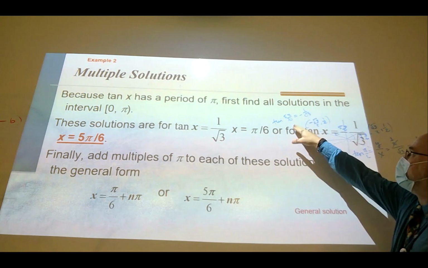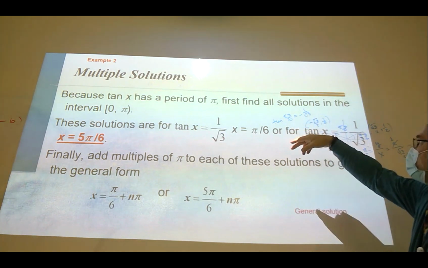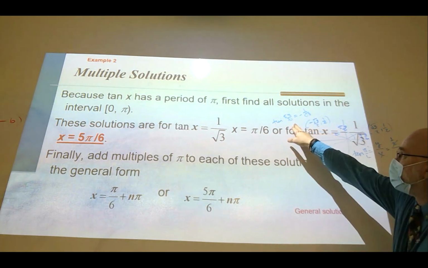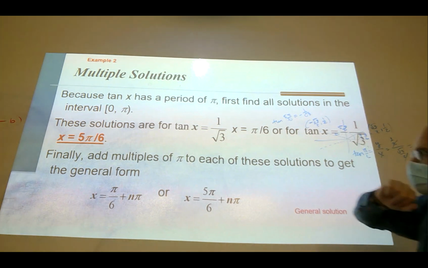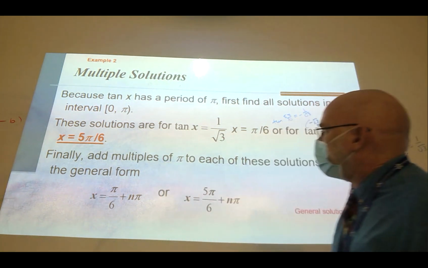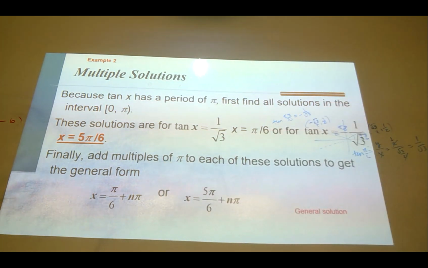Tangent of 5 pi over 6 is equal to negative 1 over the square root of 3. So those are my two angles. And then I need to add n number of pi to each one of those for my infinite number of solutions.